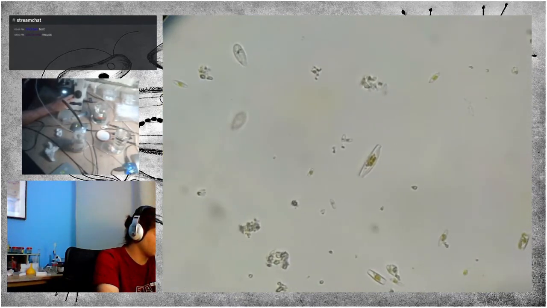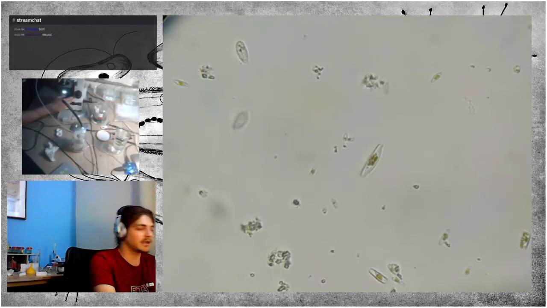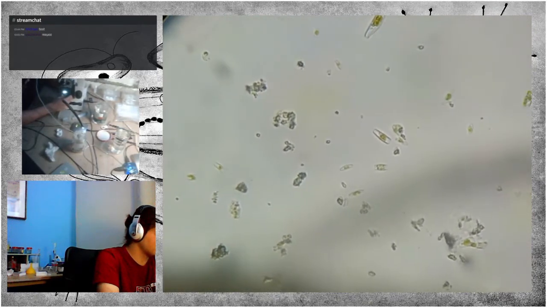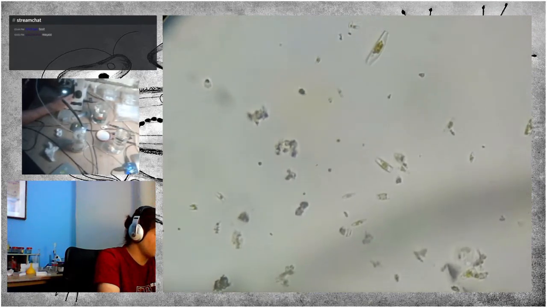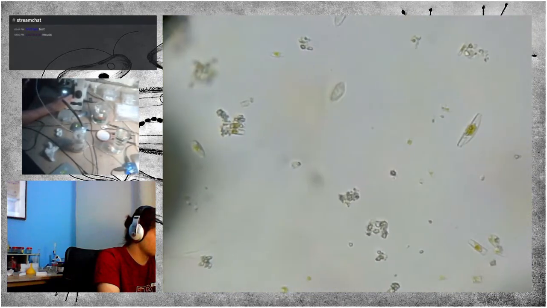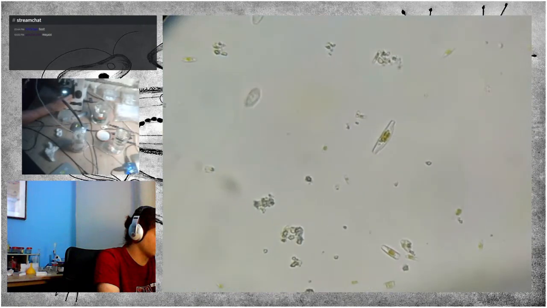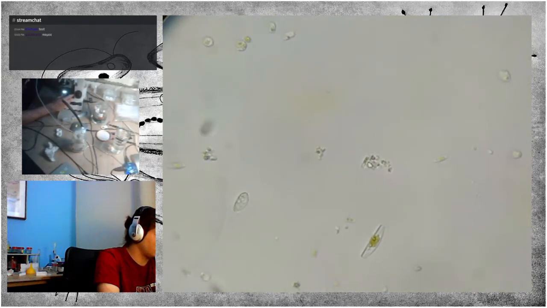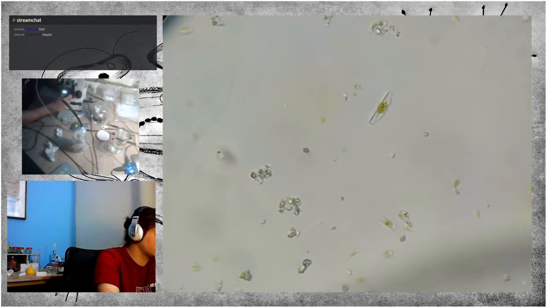The big one in the middle is quite a small one actually, compared to some other ones, and those smaller ones. You'd think that diatoms, which have silica shells, wouldn't move as much, or at least would move very slowly.